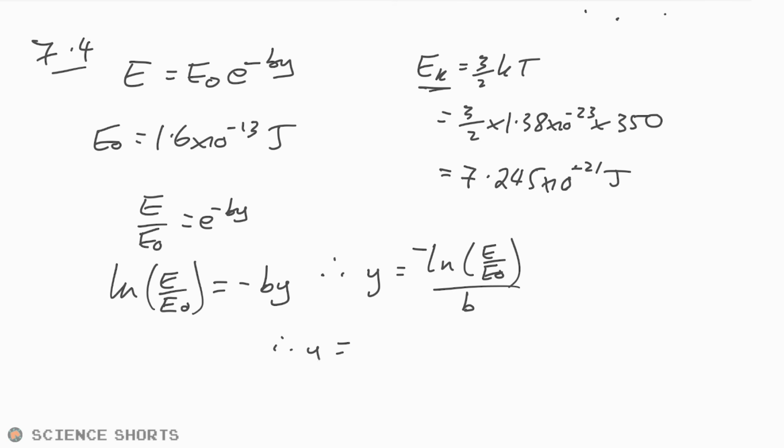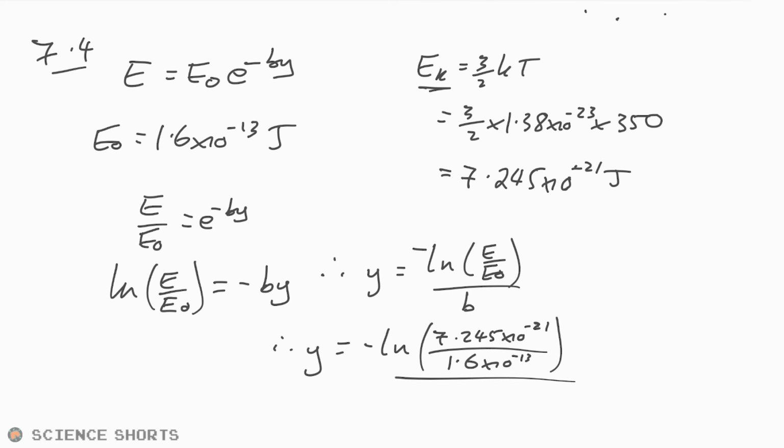So just popping our numbers in, that's going to be minus log E, that's our final one, divided by the initial, which is just mega electron volt, but in joules, and then divide that by, what are we told b is? 0.73. Okay. And that gives us 23.2. That was a nice question.